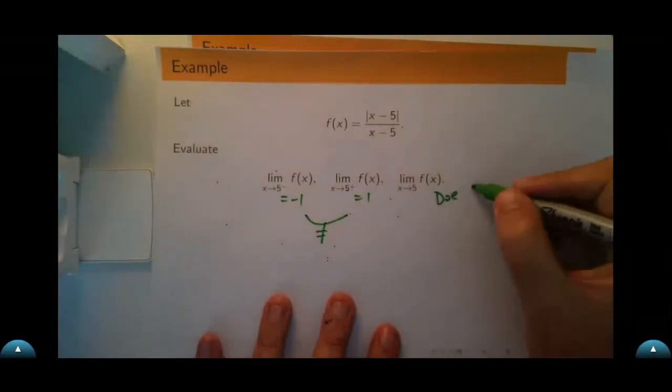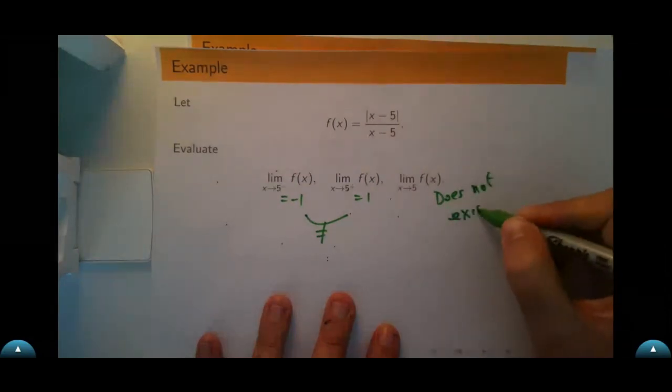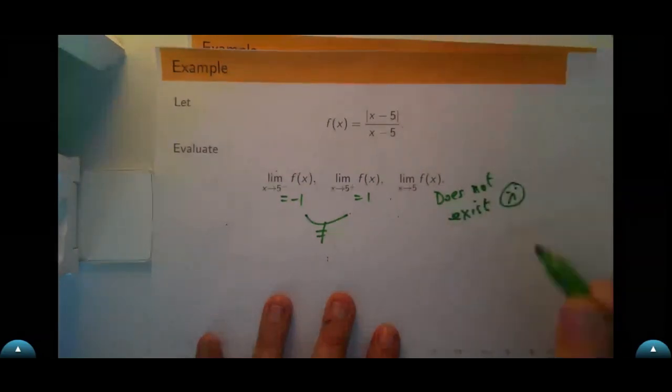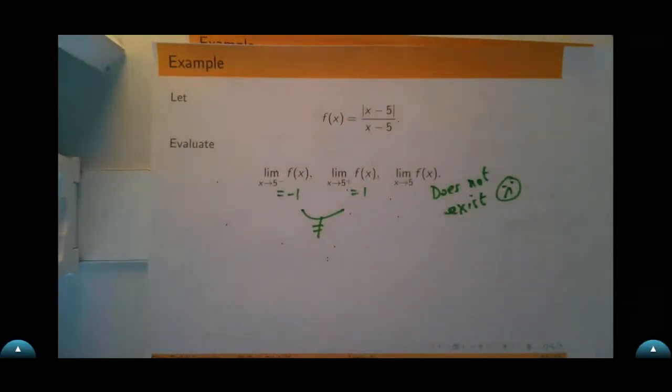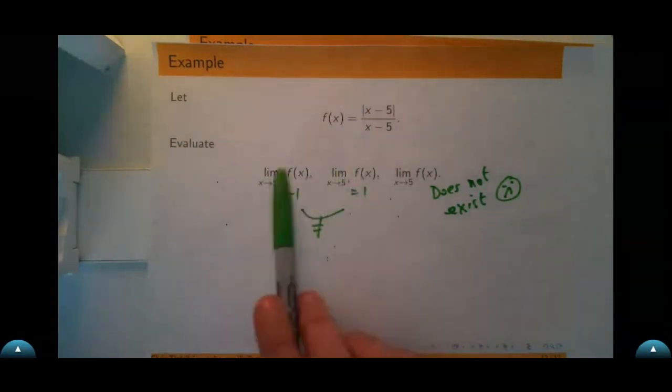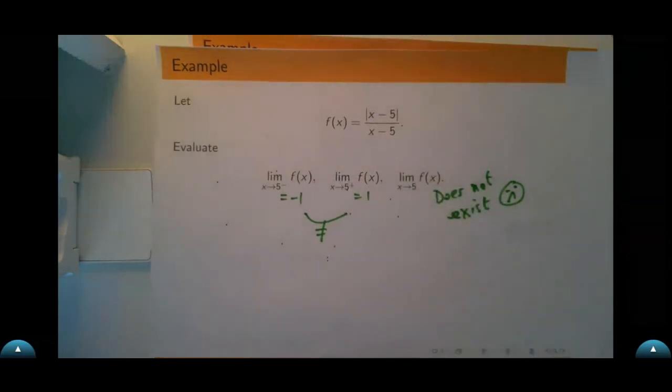This does not exist. Okay. Now you can do algebra to simplify that, but I've just done it quickly. So these one-sided limits are fine, but this more general limit does not exist.